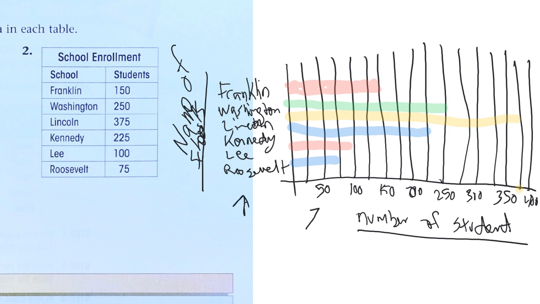We have our numbers on the graph. And so what is missing but a title? School enrollment. All right, so there is a bar graph.